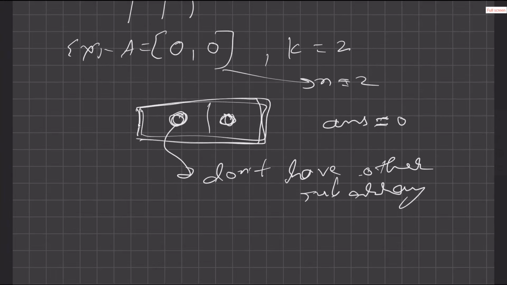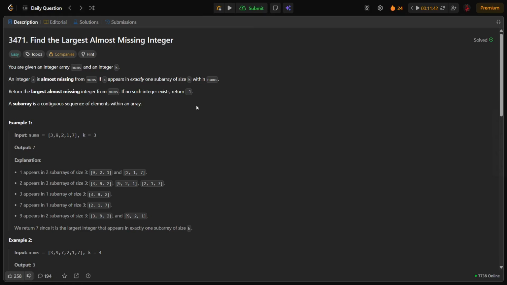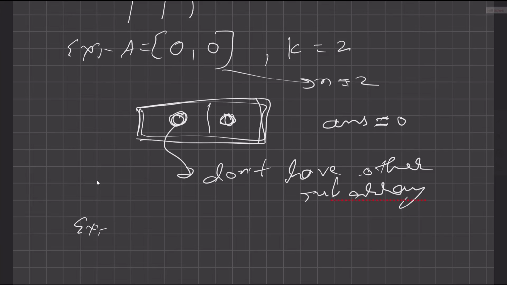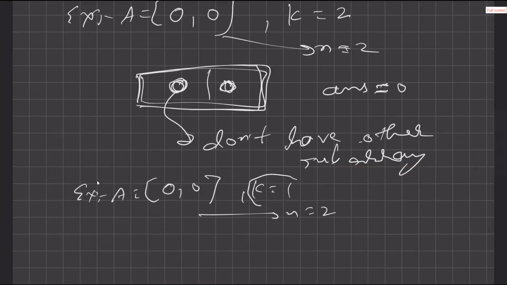And they're saying in a case where, let's consider the example. We have 0, 0, 1 as the array, and k is 2, so its length is 2. Since it is asking for length 2, this is one subarray and this is another subarray, so you have two subarrays. Now you'll check 0.